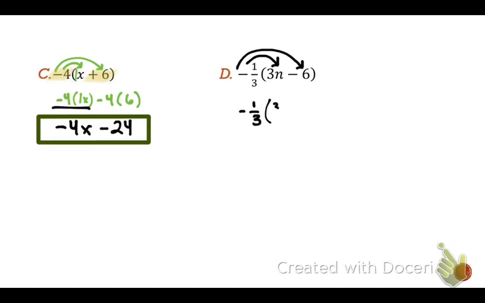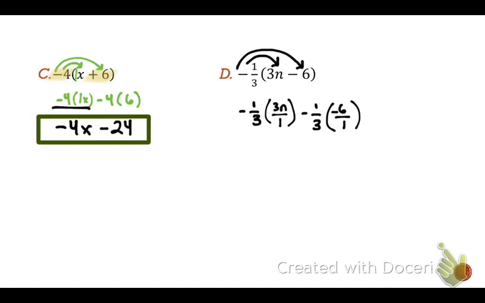Now what I like to do is put it over a 1 just to make it look like a fraction. Next, what two terms am I multiplying together? Negative 1/3 times 6. Okay, and I could put the 6 over a 1. Is that just a regular 6? No, negative. It's a negative 6, so let's make sure that we keep that negative sign there also.